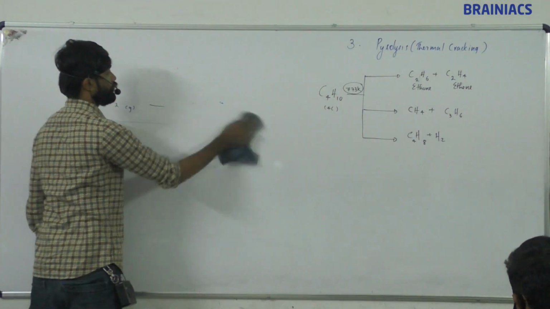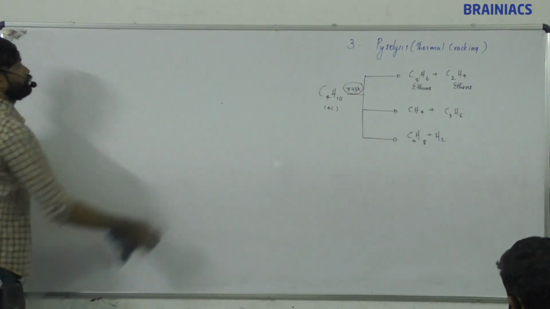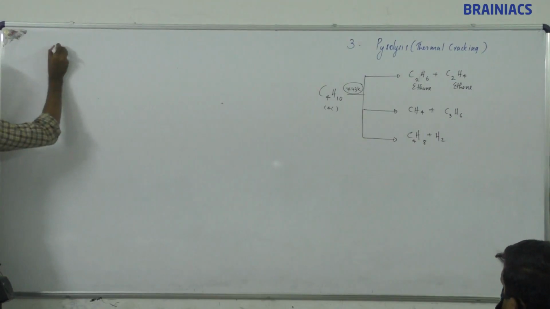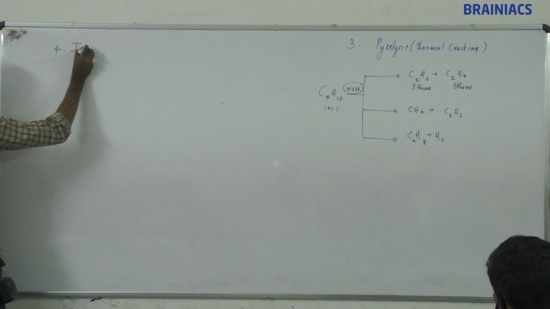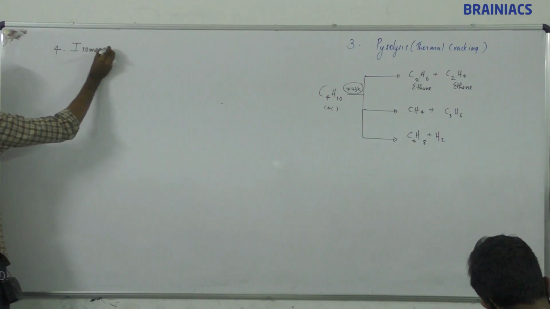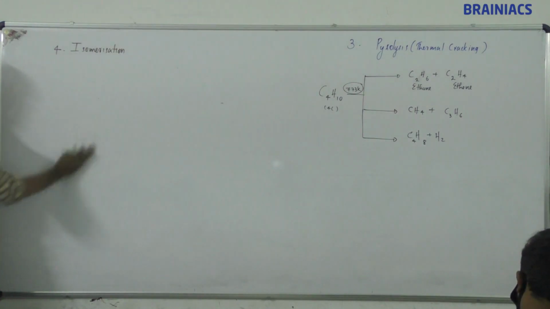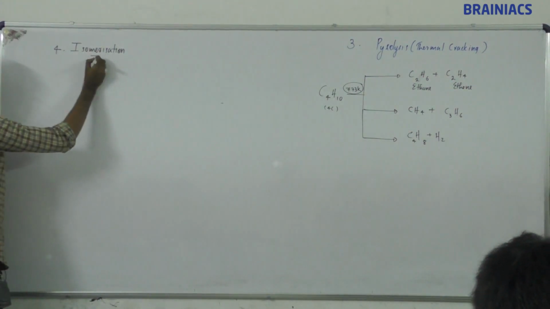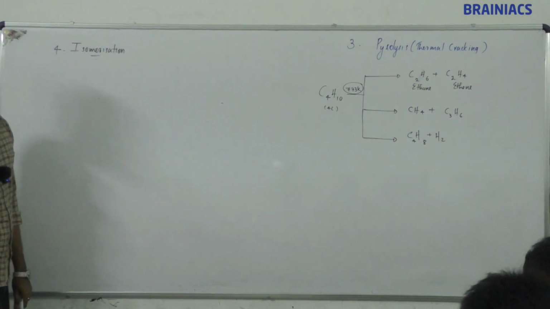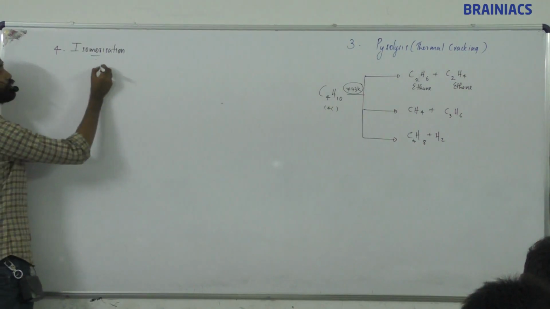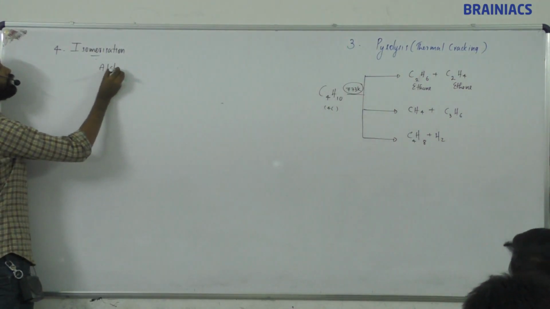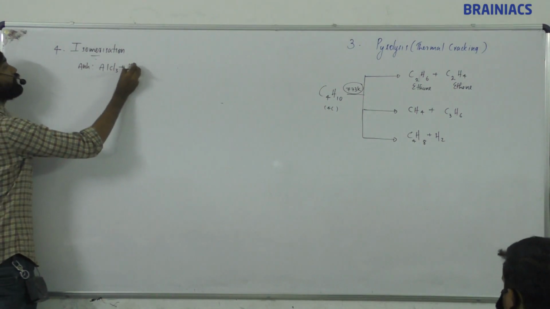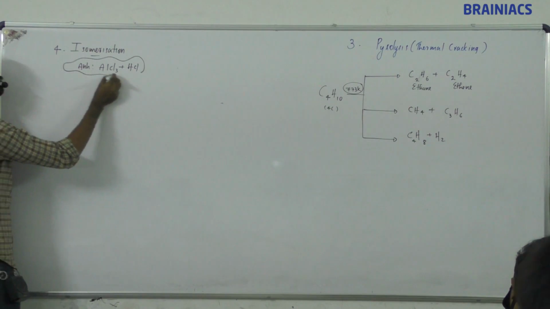A similar type of reaction is isomerization. The reagent is anhydrous AlCl3 plus HCl.